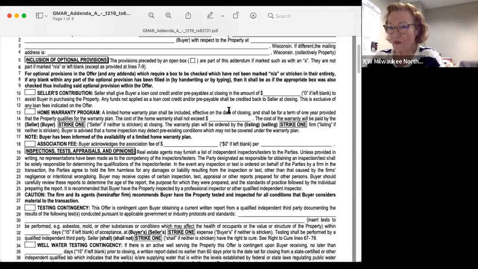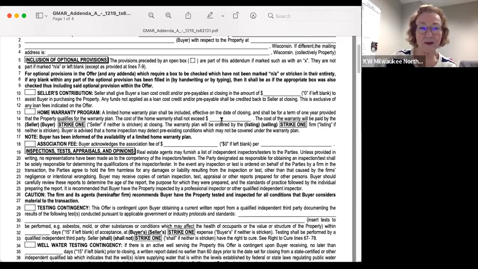I think some people think it's just an open line and you can put in as much money as the buyer's going to ask the seller for, but there actually is, according to a buyer's lender, a maximum amount of closing cost credit that a buyer can ask for. So check with your lender.